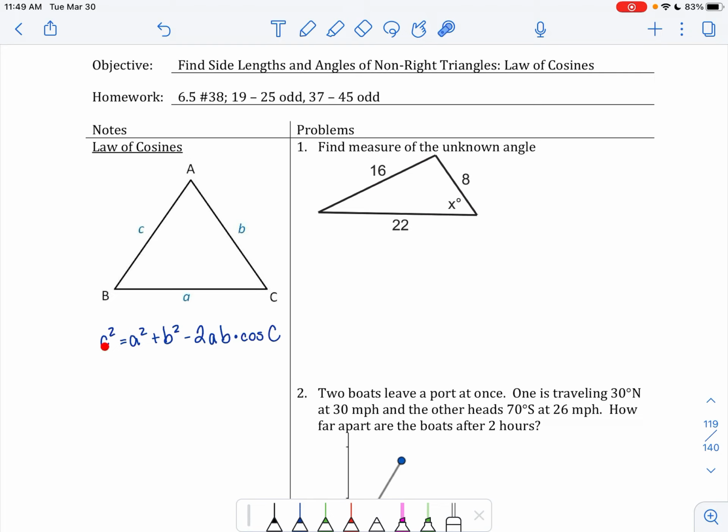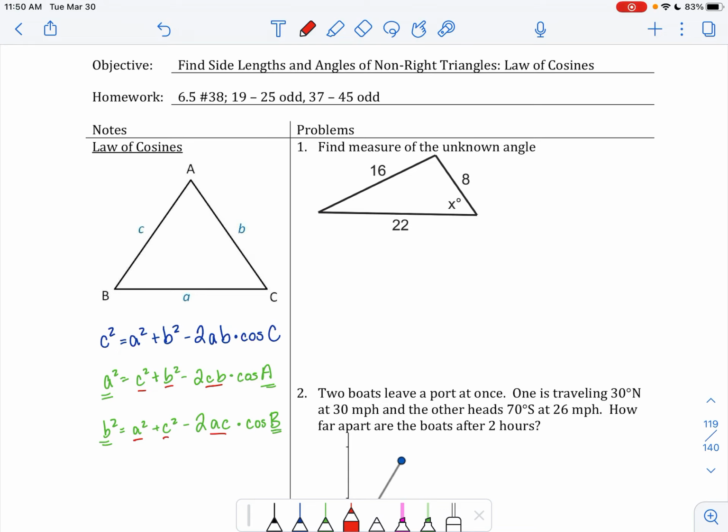You can also say that a squared equals b squared plus c squared minus 2bc times the cosine of A. So as long as this is one side length, these are the other two, and then cosine of A, so that these are matching. And b squared would be a squared plus c squared minus 2ac times the cosine of B. So matching, matching, and then the other two sides of the triangle.